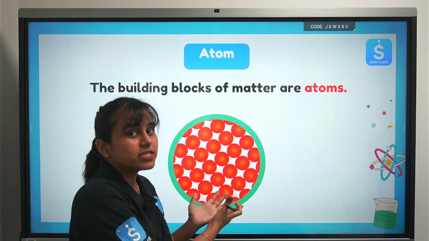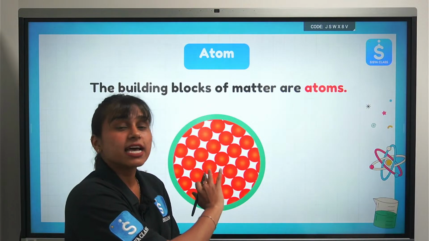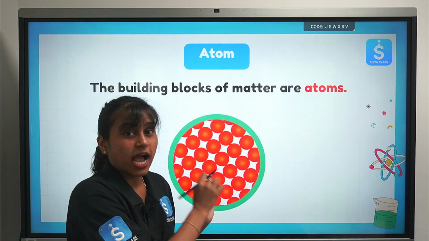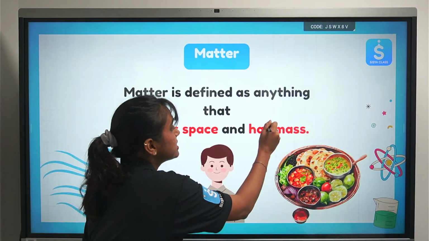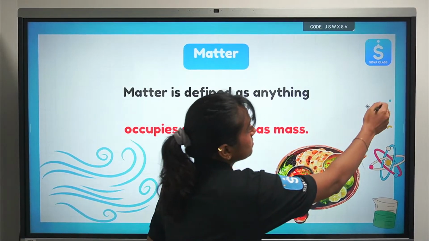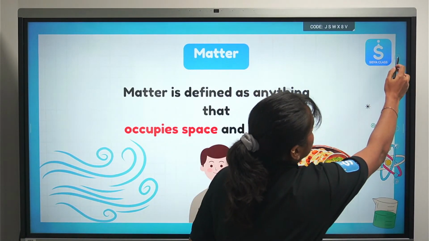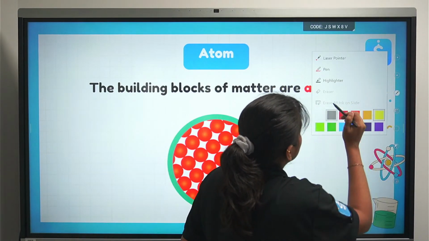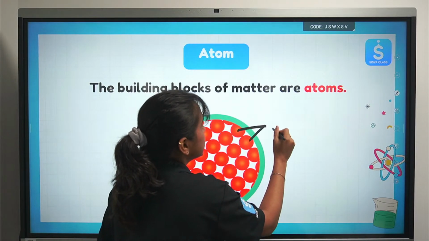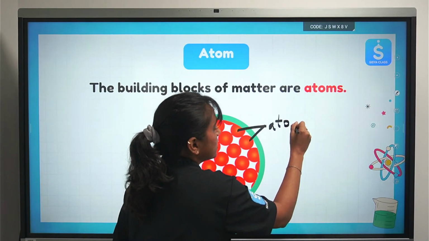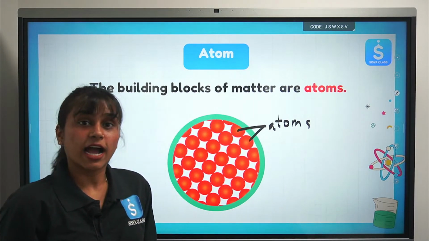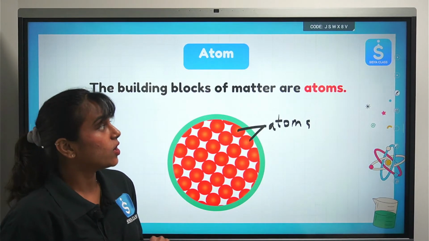This is a solid structure, and all of these are atoms. I hope this is clear to you. Now let's move on.